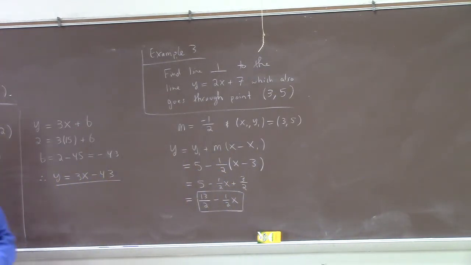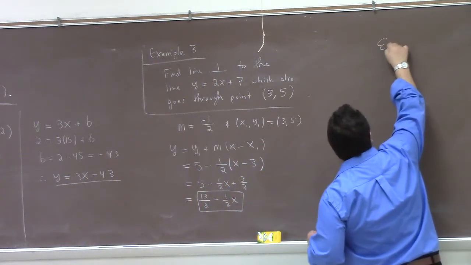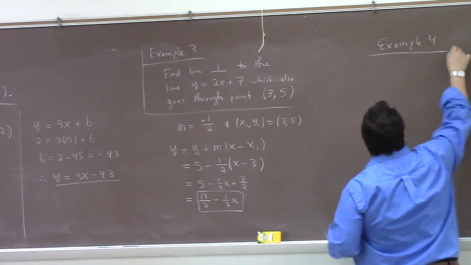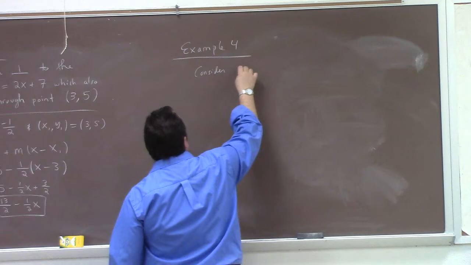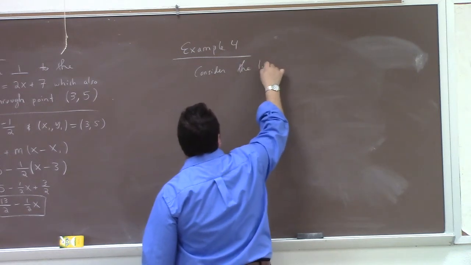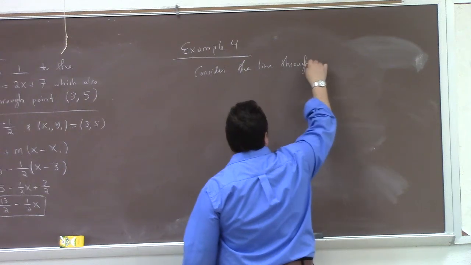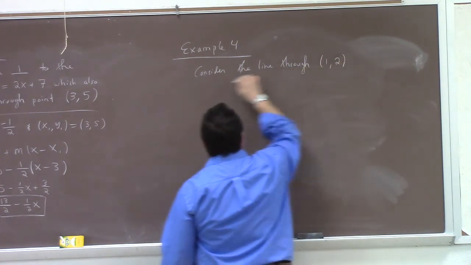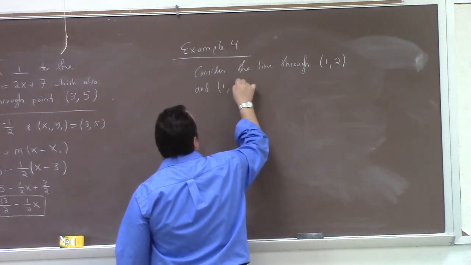Let's do another example. Consider the line through (1, 2) and (1, 8).